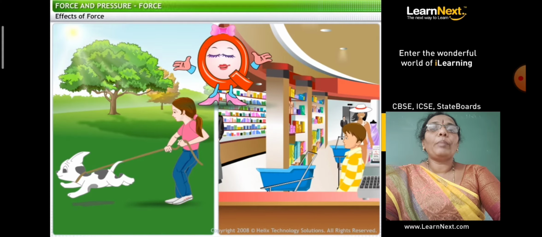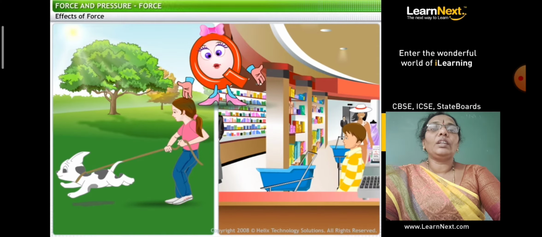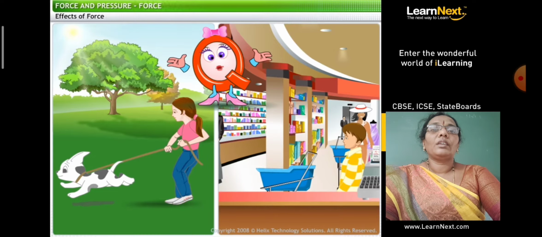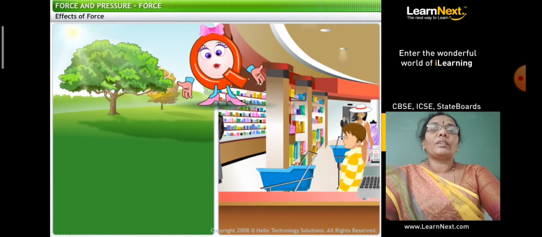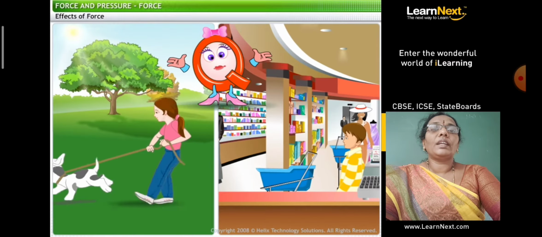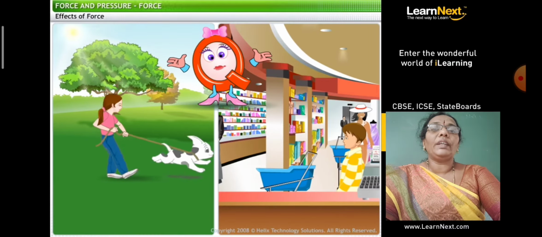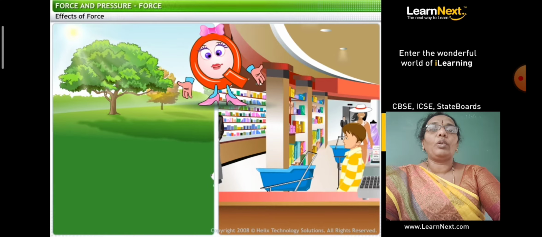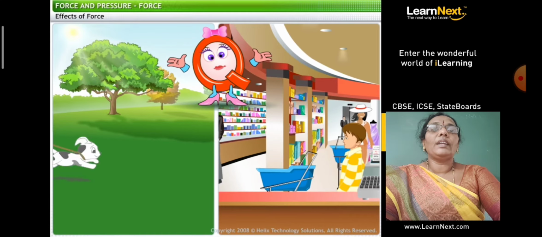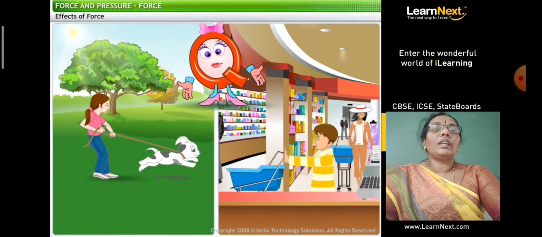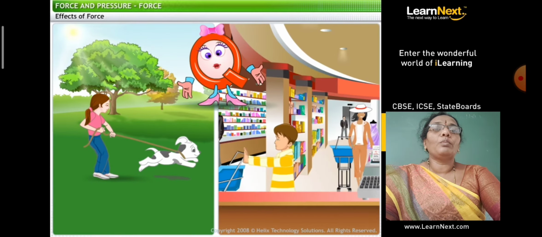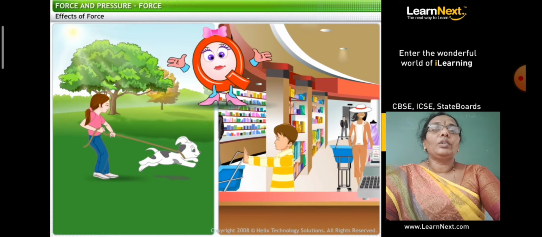Now to understand better, we'll see two situations. In the first situation, the dog is moving and the girl is trying to stop it. Whereas in the second situation, the boy is moving a cart to the billing counter.